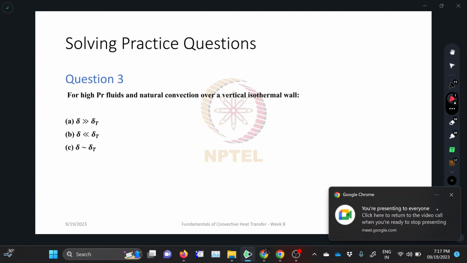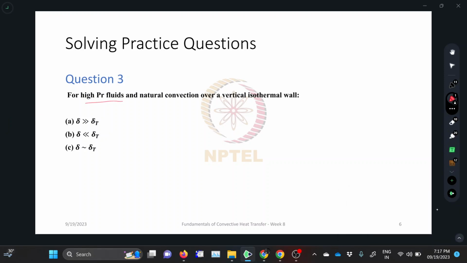It's a very simple question. For high Prandtl number fluids and natural convection over a vertical isothermal wall, that is, this wall is maintained at a constant wall temperature Tw, I have a Prandtl number much higher than 1, and there is natural convection going on. Now, as you know, there will be two boundary layers set up here, one thermal boundary layer and one hydrodynamic boundary layer.